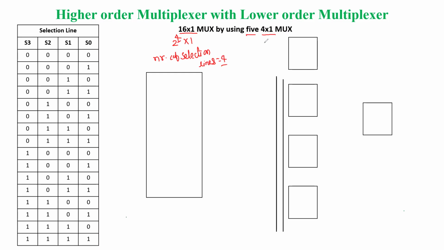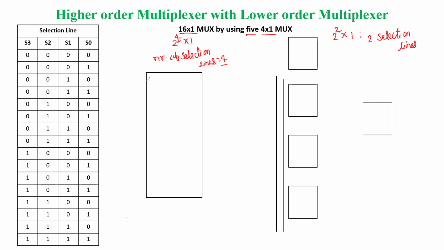Now we are going to design with the help of 4 cross 1 multiplexers. A 4 cross 1 can be written as 2 to the power 2 cross 1. Here the exponent value is 2, so this 4 cross 1 multiplexer will have 2 selection lines.